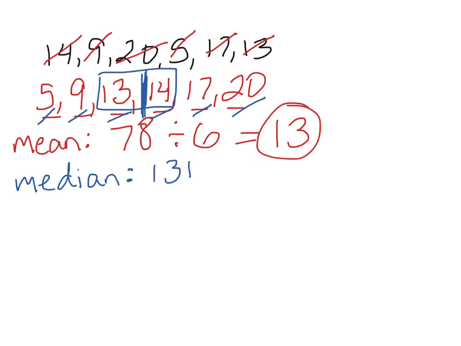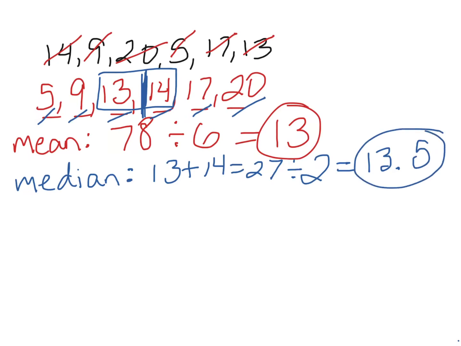So I'm going to add 13 plus 14, which gives us 27, and then I'm going to divide that by the number of numbers there are, 2. So I'm finding the mean or the average of these numbers. So that gives us 13 and a half. So that is our median, 13 and a half.